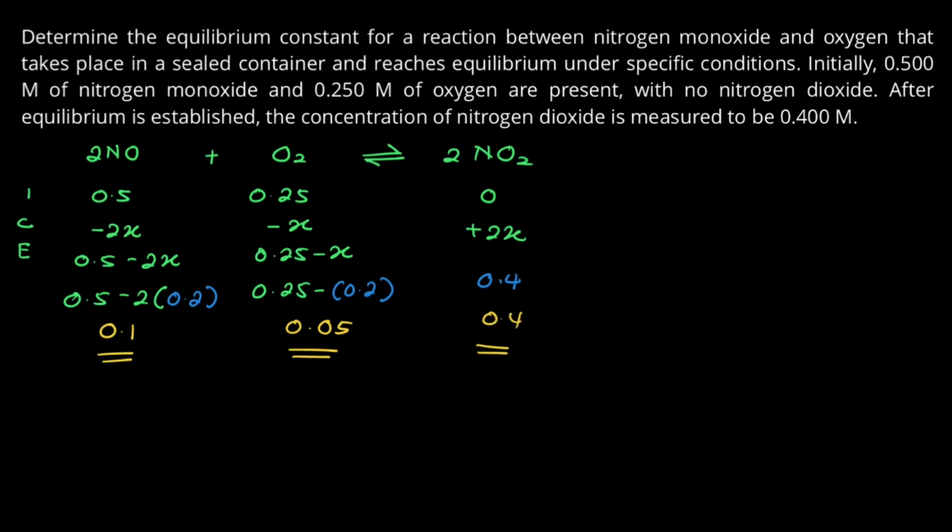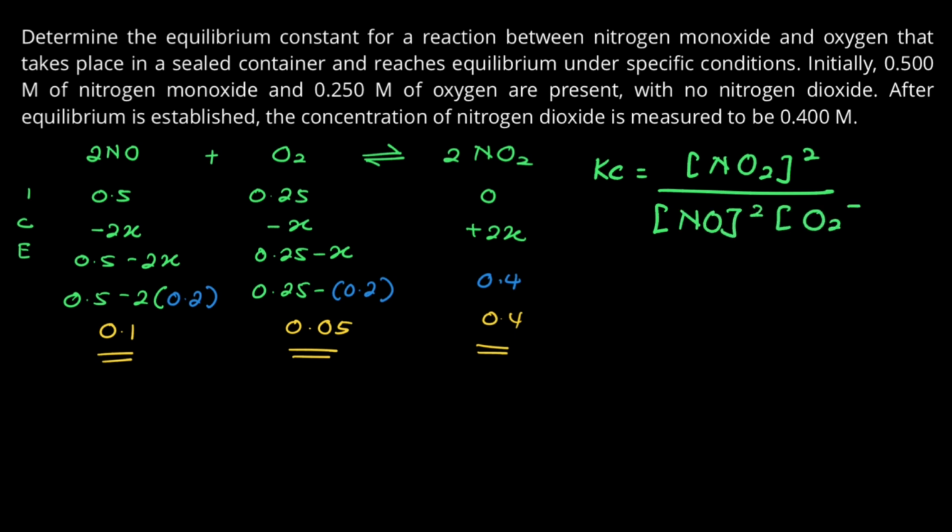Now we are going to find the value of Kc. Kc is equivalent to whatever is in the product, which is NO2 to the power of 2, divided by whatever is in the reactant, which is NO to the power of 2 times O2. So we plug in the values: 0.4 to the power of 2 divided by 0.1 to the power of 2 times 0.05.